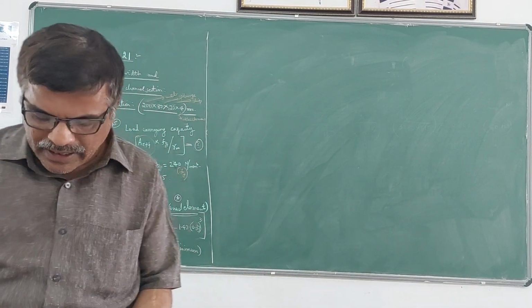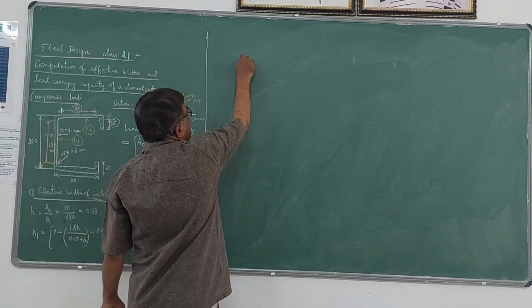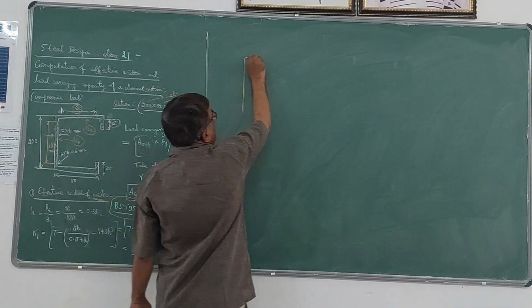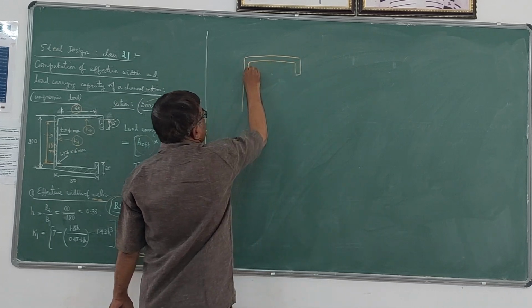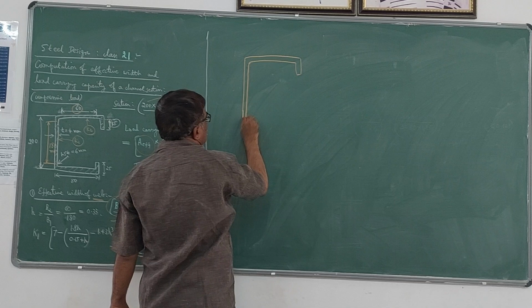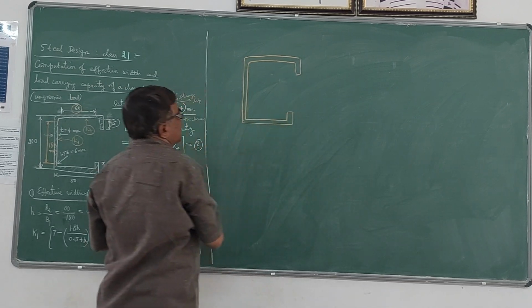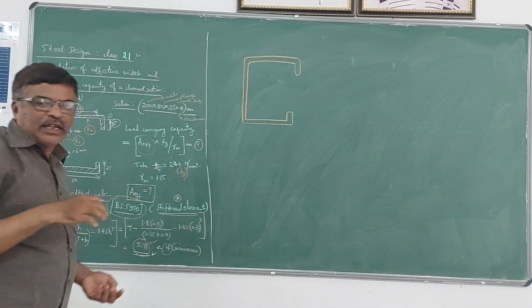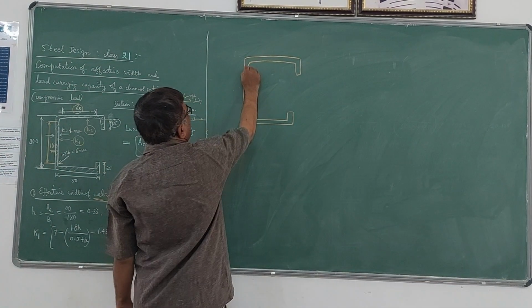That means here it is something like this. To compute the effective area, this is the section. We will divide this section into 4 parts. This is a very important step. After calculating all the effective widths, first I will take this web portion.